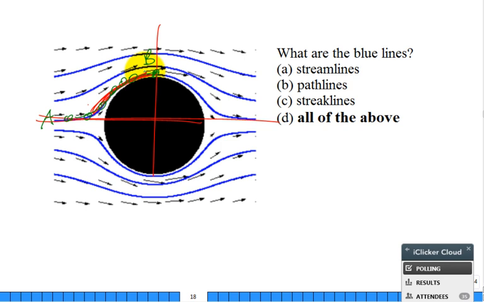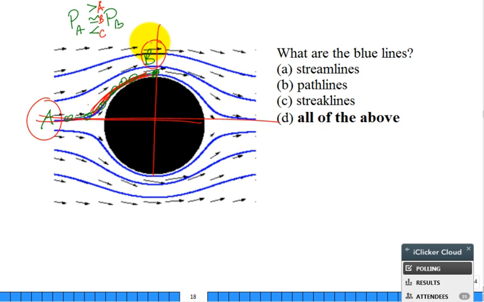Okay, where is the pressure lower? Is the pressure at A the same as the pressure at B, or is it greater or is it less? Should I ask a clicker question on this? Why not? Where are A and B?